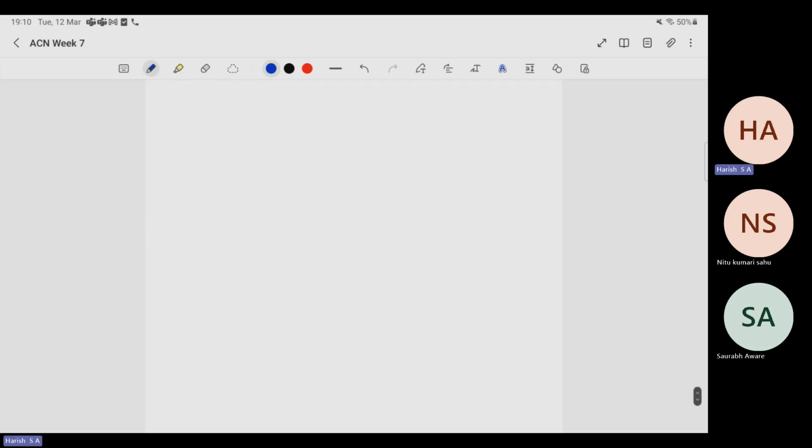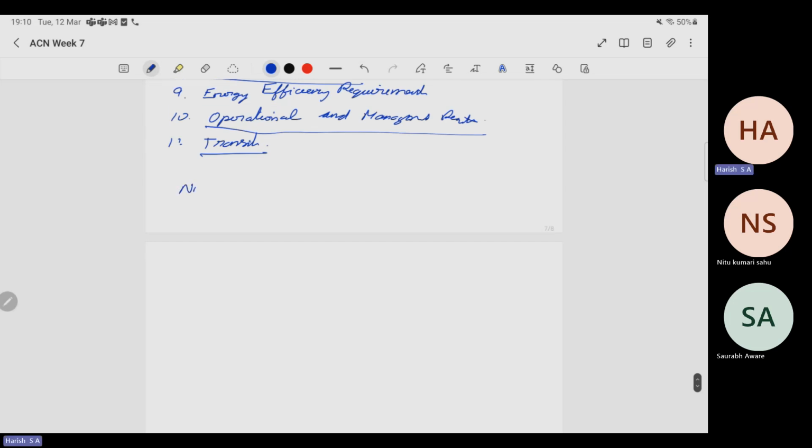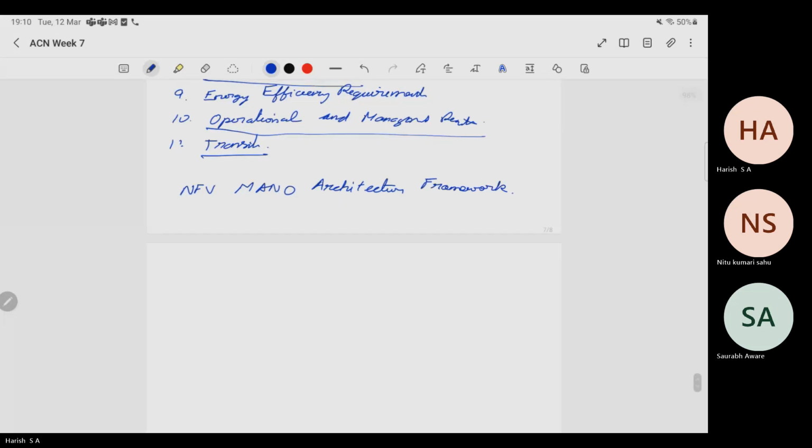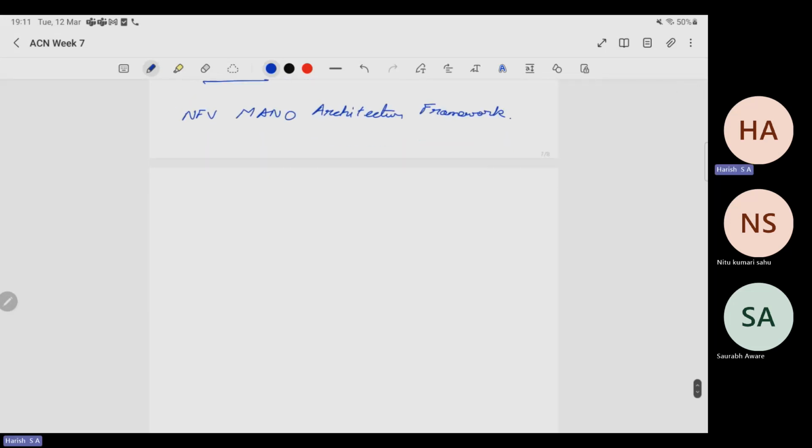Right. So moving on from this, they came up with many architectures, and one of it was the NFV MANO Architecture Framework. So that is spoken about clearly in the lecture, right?